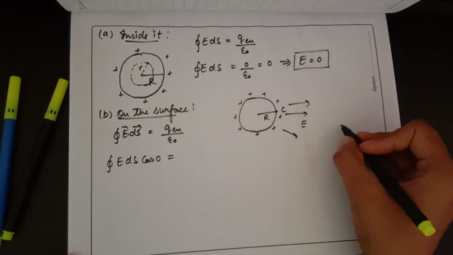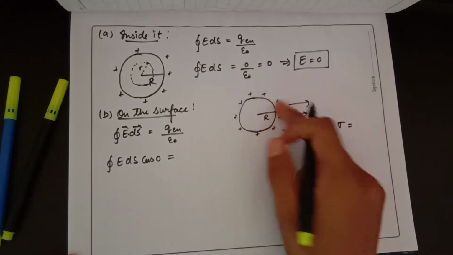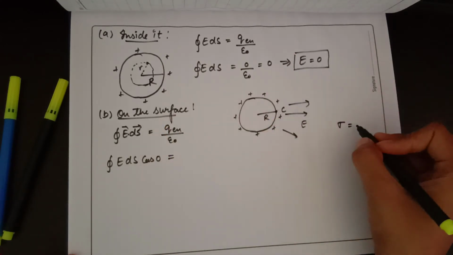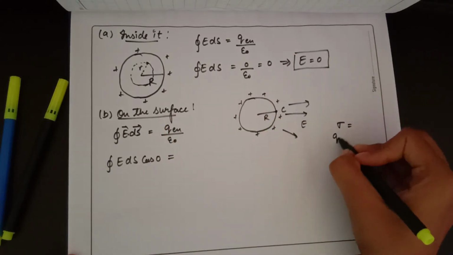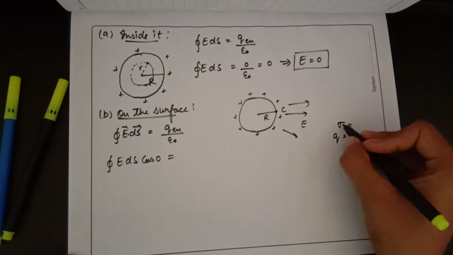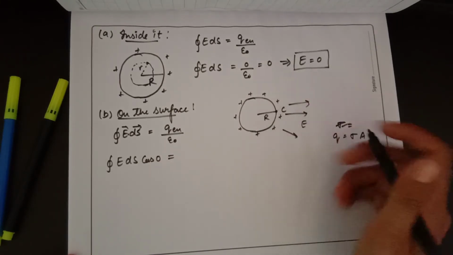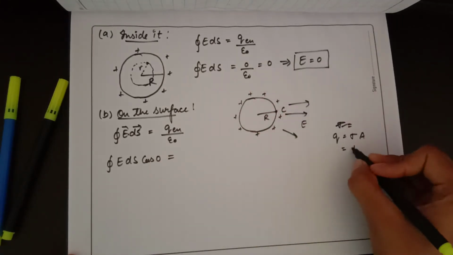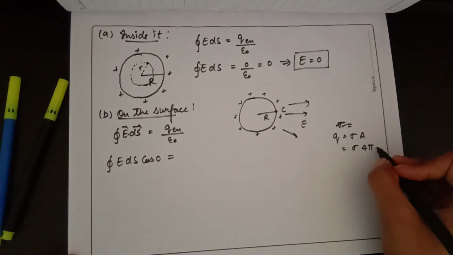Now Q enclosed. If sigma is the surface charge density, then Q will be equal to sigma into area. And what is the surface area of this sphere? That is 4 pi R square, capital R square.